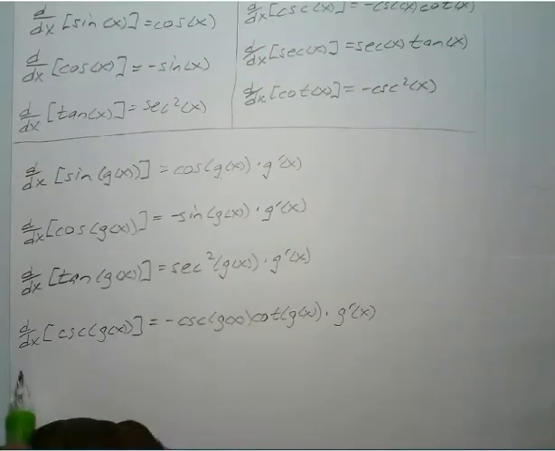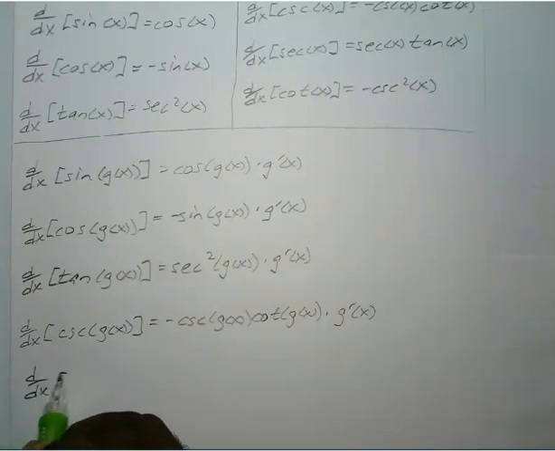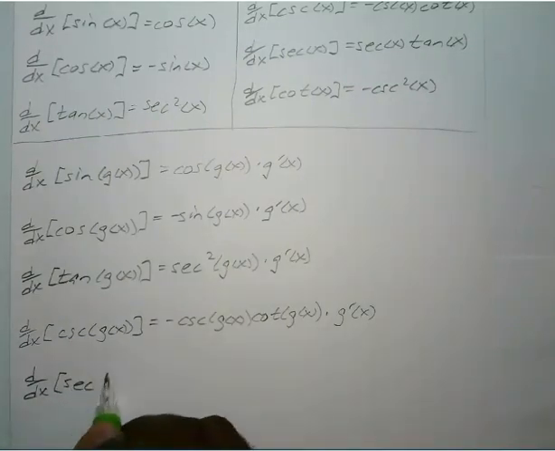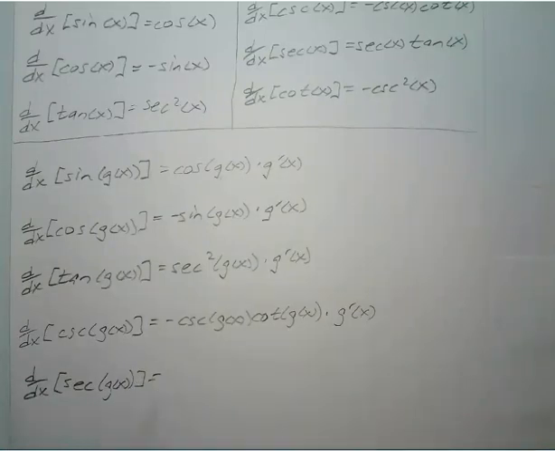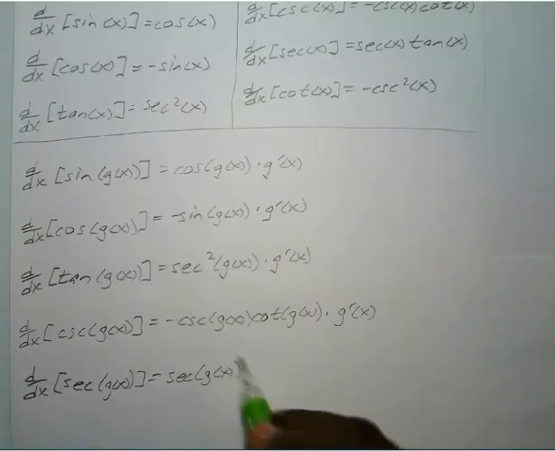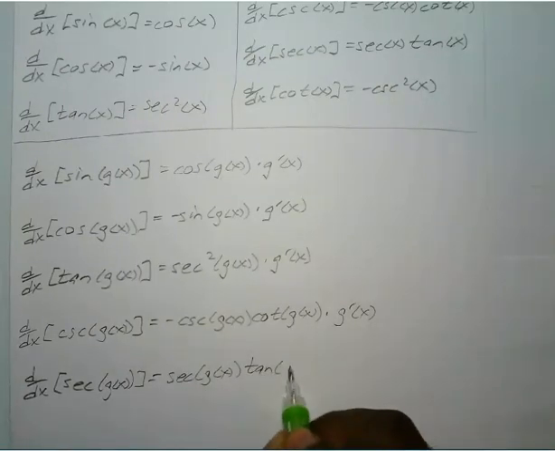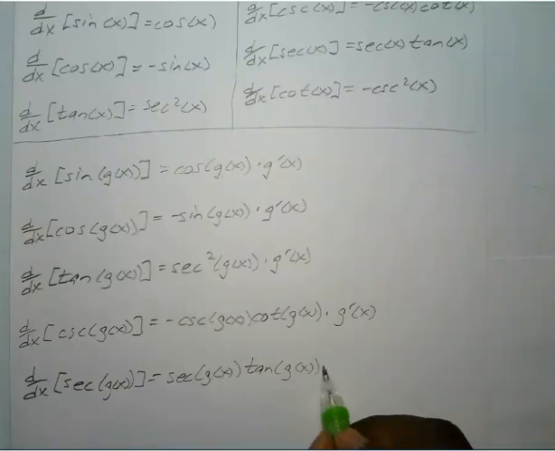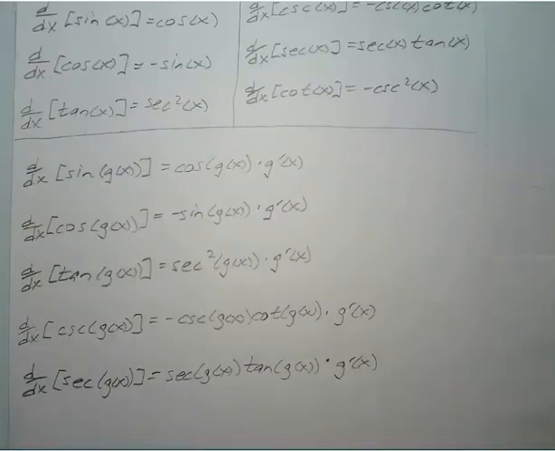And the derivative of secant of that function of x is going to equal secant of that function of x times tangent of that function of x times the derivative of that function of x.